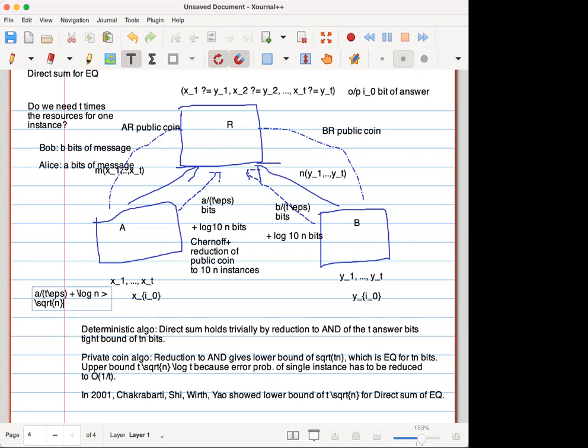So log n is nothing in terms of square root of n. So what does this say? This says that A is greater than T epsilon square root n. Okay. And remember, the epsilon is like 0.01 or something, constant probability of error. So ultimately, I've shown a lower bound of T times square root n for A. And similarly for B. Okay, so this finishes the proof of Chakravarti on the direct sum problem for equality.